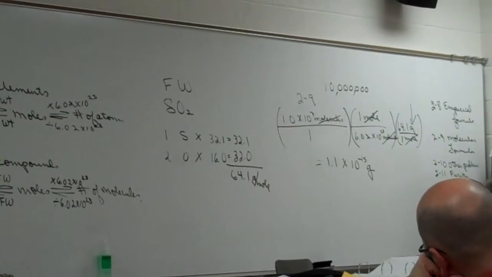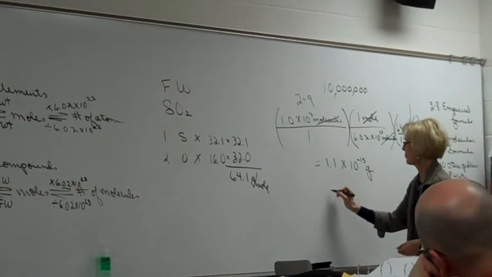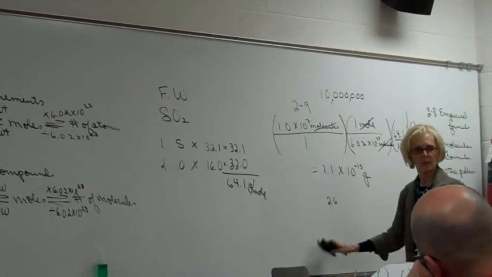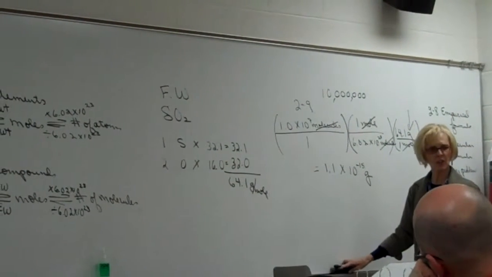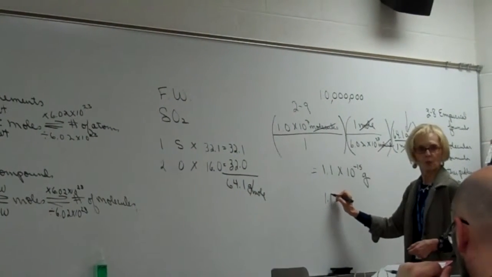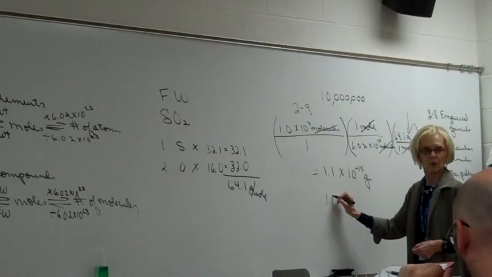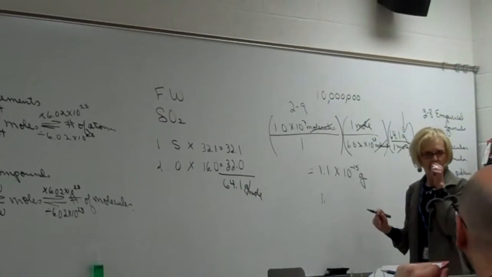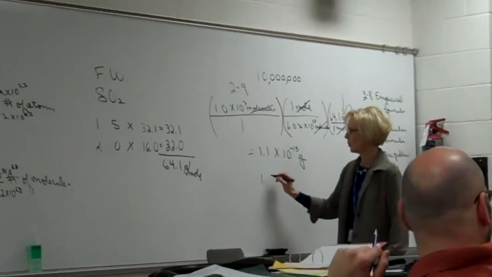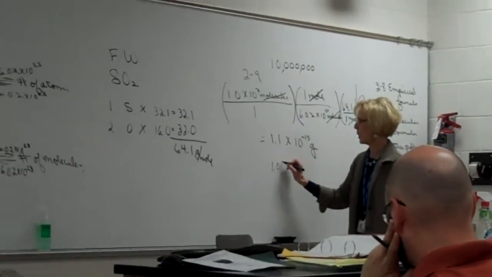That's not what I got. Okay, what'd you get? I got 2.6 times 10 to the 19. Okay, Tran, what'd you get? I got 1.36. I got 1.06 times 10 to the negative.